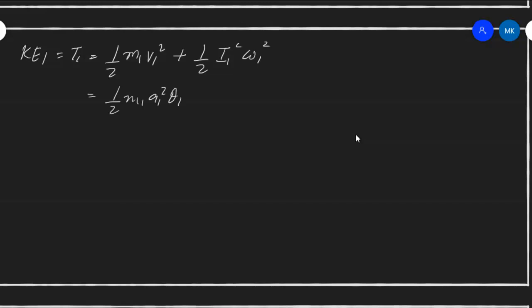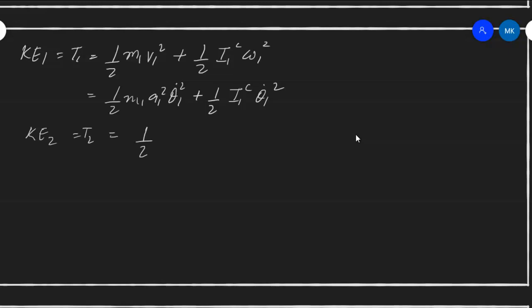So now looking at the kinetic energy of both the links. So KE1 or T1 will be equal to half m1 v1 square plus half I omega 1 square, which will be equal to half m1 a1 square theta 1 dot square plus half I1 in C theta 1 dot square. Similarly, kinetic energy of link 2 is equal to half m2 v2 square plus half I2 in the center of mass omega 2 square.